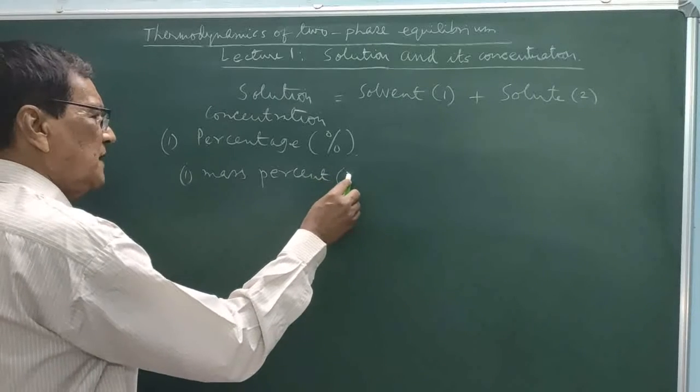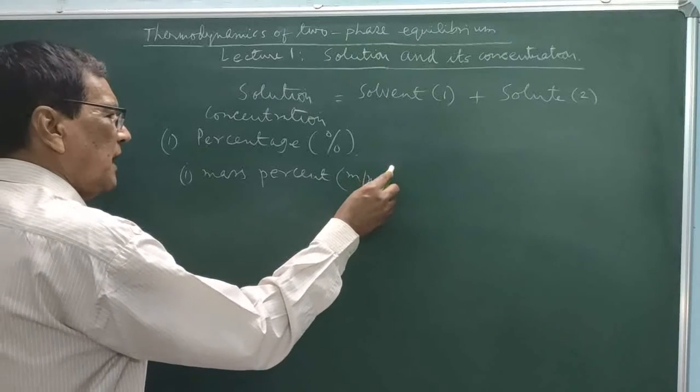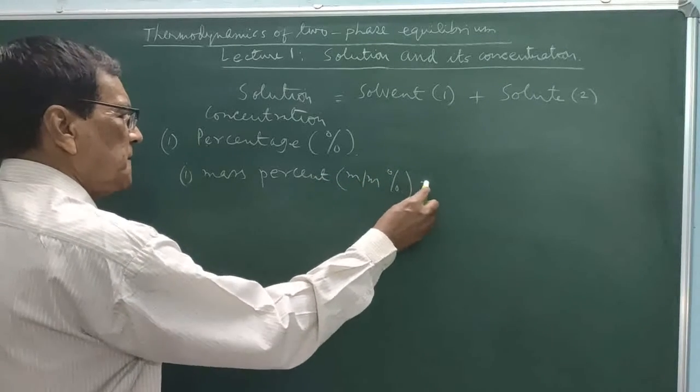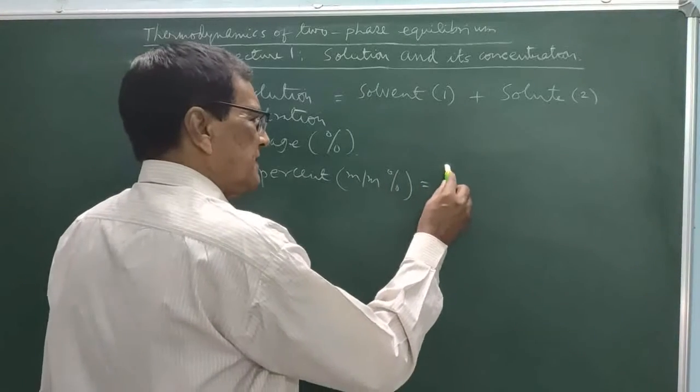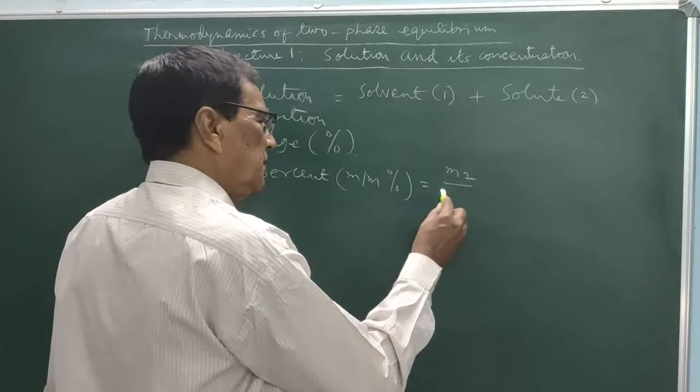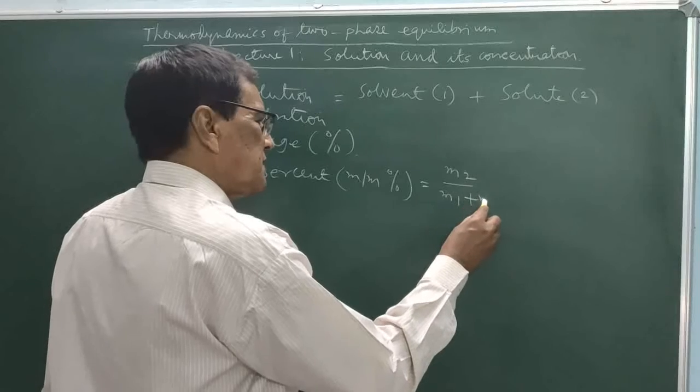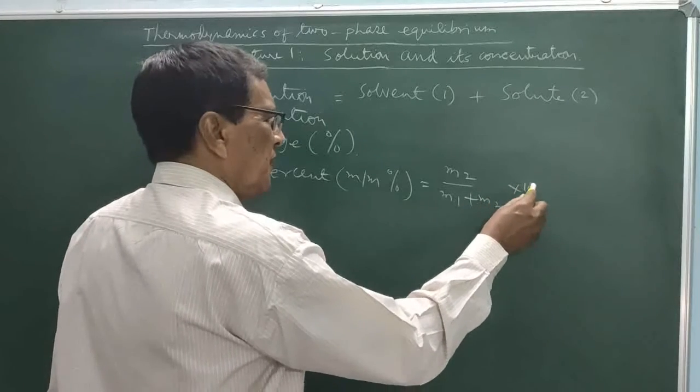Mass percent, m by m percent, and it is defined as m2 divided by m1 plus m2 into 100.